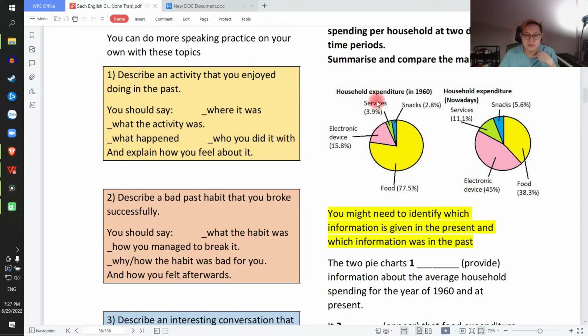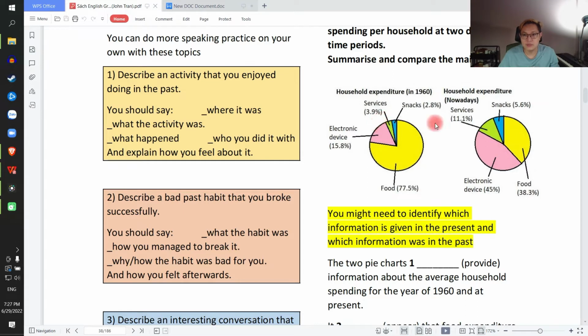So you can see services, snacks, electronic device and food. Đó, 4 hạng mục nè, dịch vụ, các thứ đồ ăn vặt, thiết bị điện tử và thực phẩm. So you can see food decreased by half, electronic device increased by 3 times.